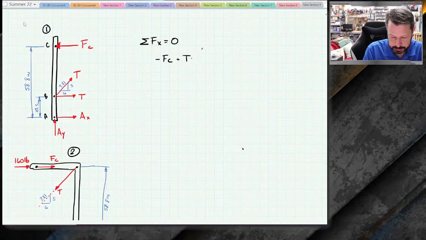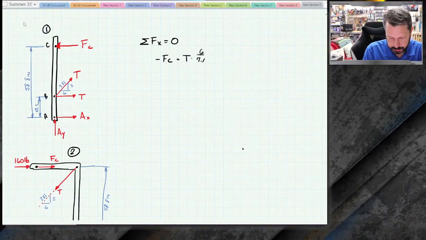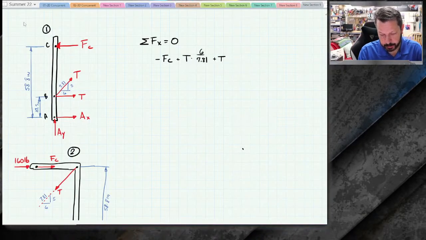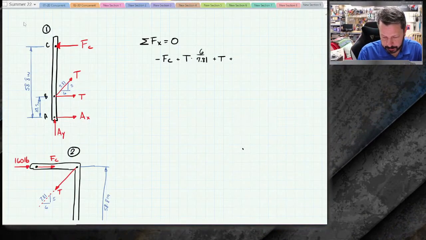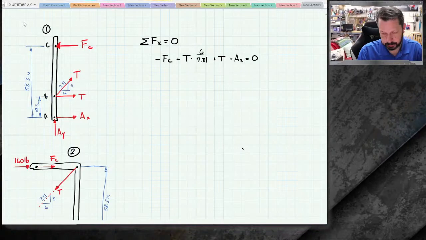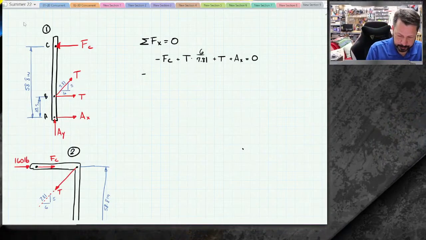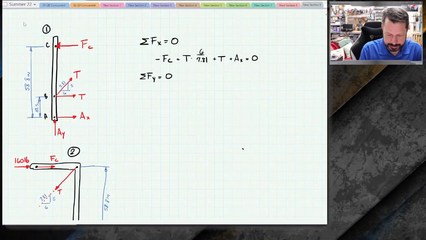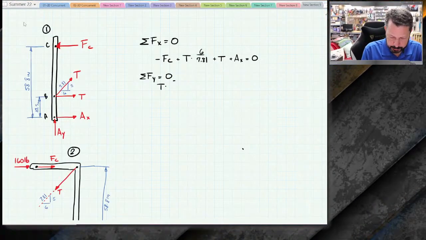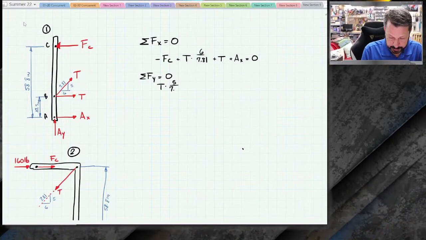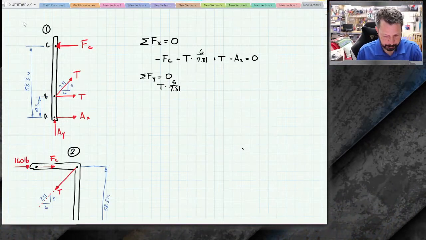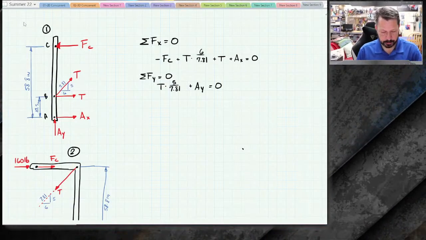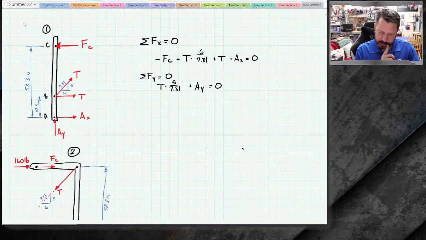So T times 6 over 7.81 to get the x component of it, plus T, this is the one that's horizontal, plus AX equals 0. So that's one equation. Let's do Y. I've got T times the Y component, so 5 over 7.81, plus AY equals 0. And then let's do a moment equation.